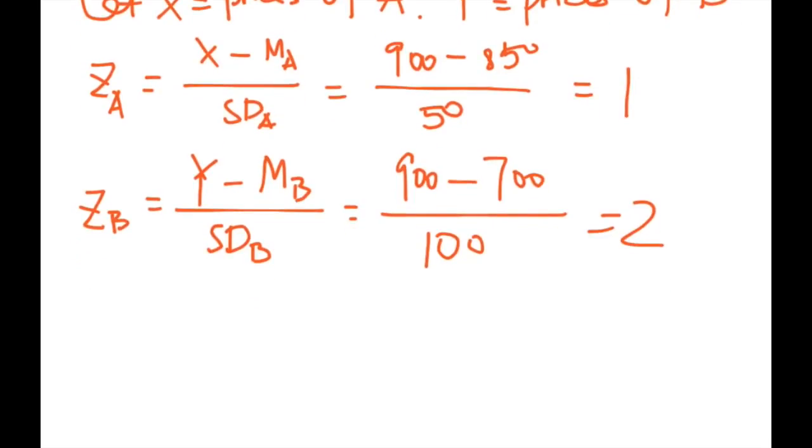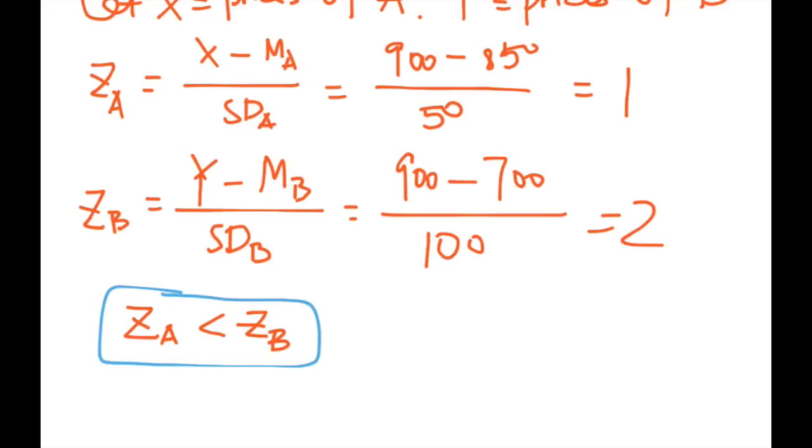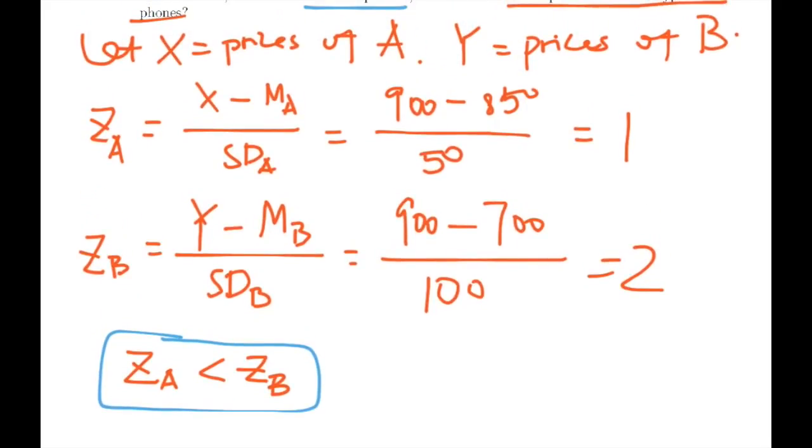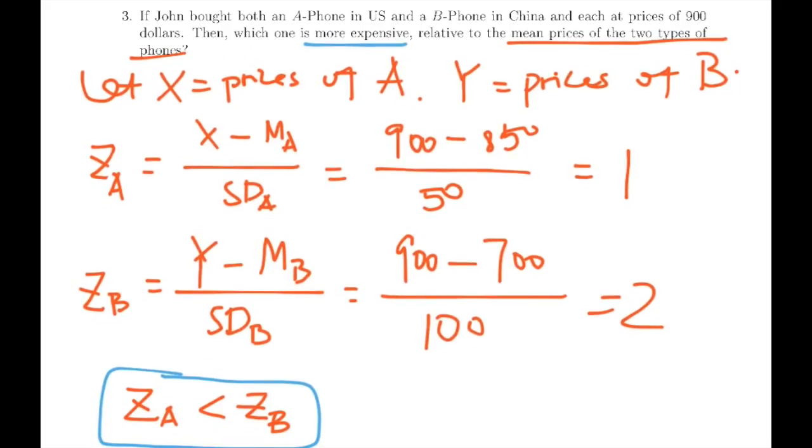And then we can see that the z-score of purchasing the A phone is less than the z-score of purchasing the B phone. Okay, that means for the price of $900, the B phone is more expensive relative to the mean price of the two types of phone. So every time you want to do a comparison, you can always convert a general normal distribution to a standard normal distribution and compare the z-scores.